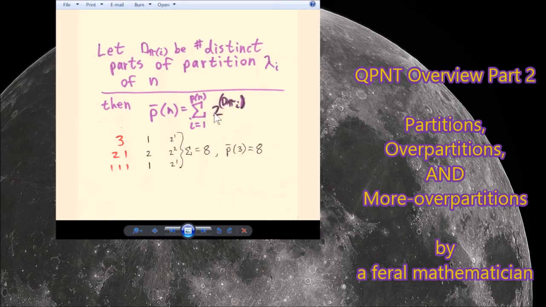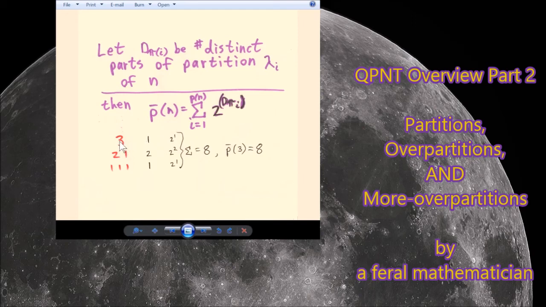So if I have 5 distinct parts, there are going to be 2 to the 5, or 32, subsets of the unique compositions of those parts. So you end up always with just take the number of distinct parts and then take 2 to its power to give you the number that it contributes to total over partitions for n.